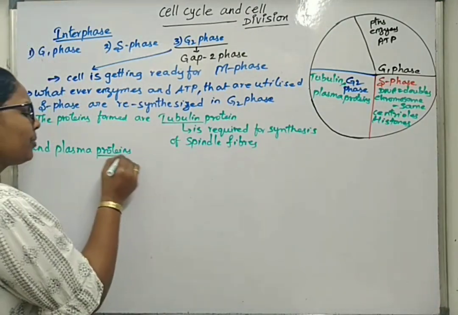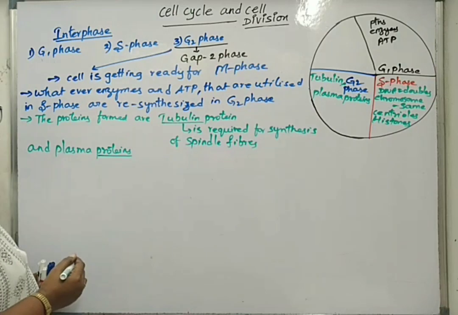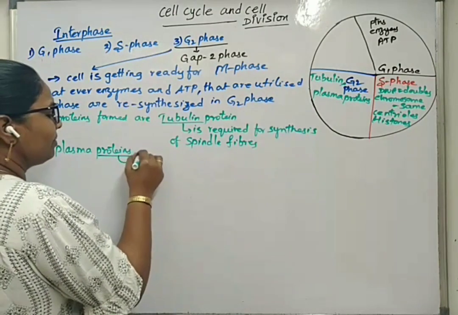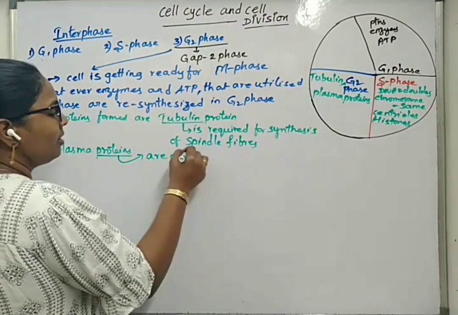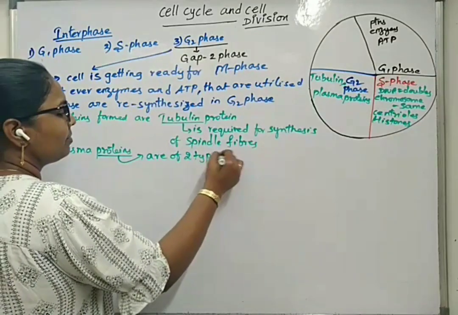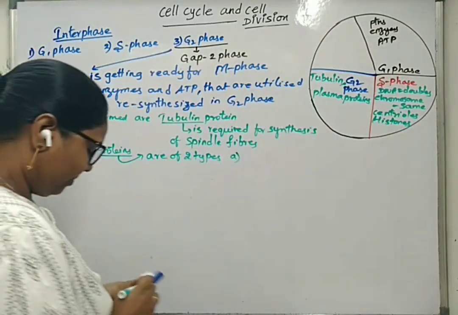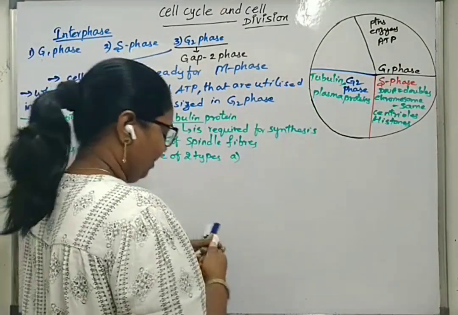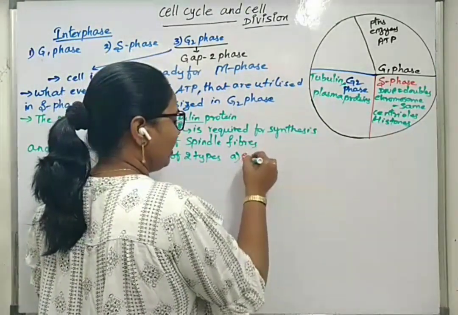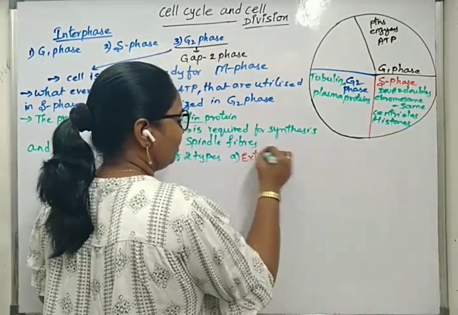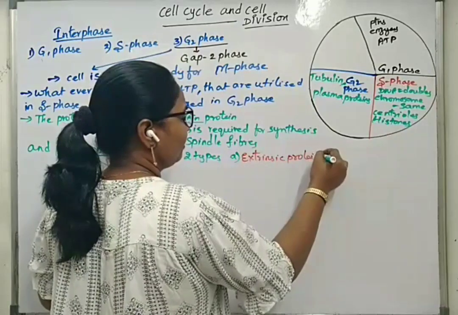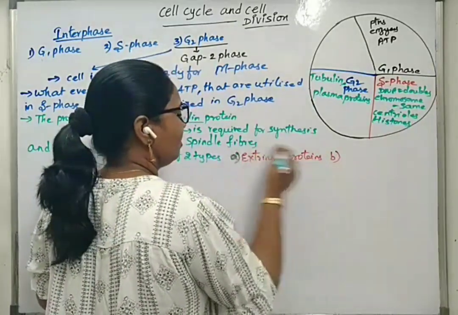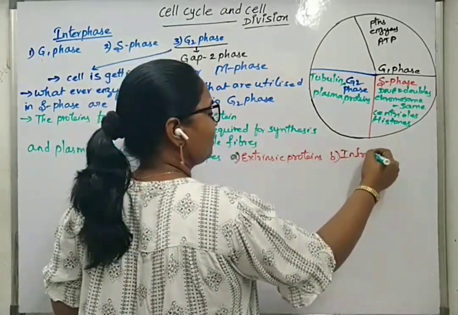Here plasma proteins are of two types. One is extrinsic proteins, second one intrinsic proteins.